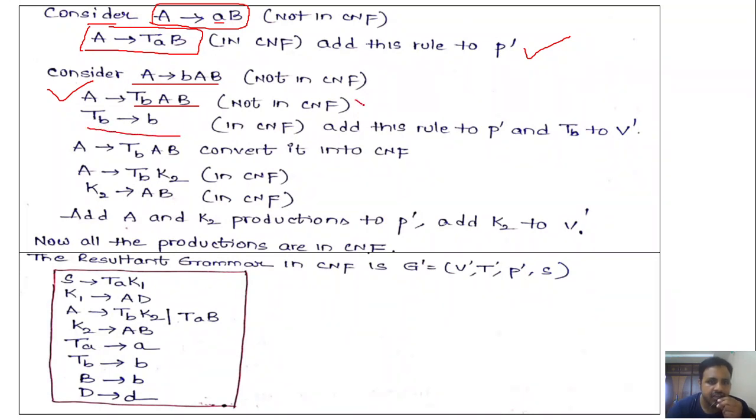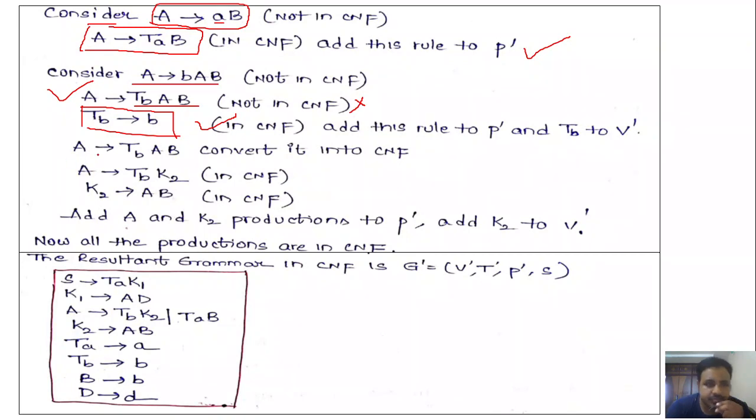So the first production rule is not in CNF. The second rule, TB denotes small b, is in CNF. So add this production rule to P dash, variable TB to V dash, and small b to T dash if it is not there. If it is already there, no need to add small b to T dash. If it is not there, you have to add.